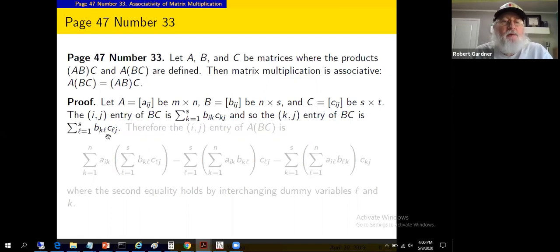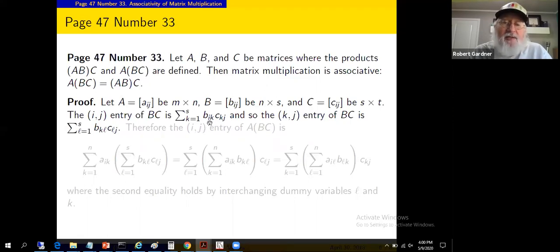Okay, so tell you what, let's calculate this BC, or focus on BC first. The IJ entry of BC, we'd take B sub ik times C sub kj. That's exactly how we found the IJ entry in a matrix product.